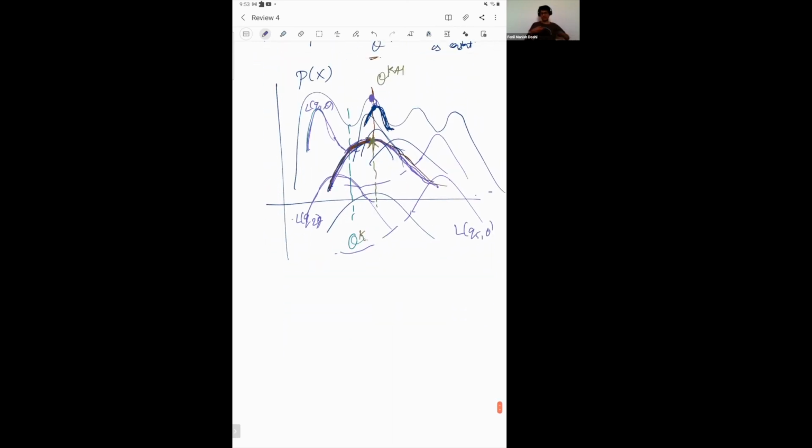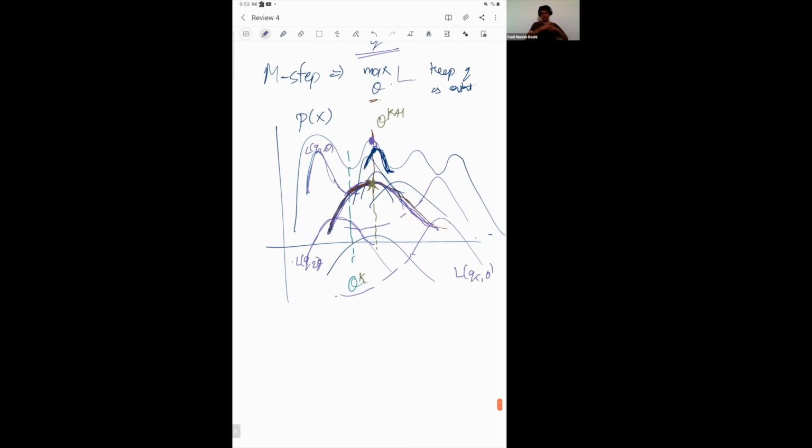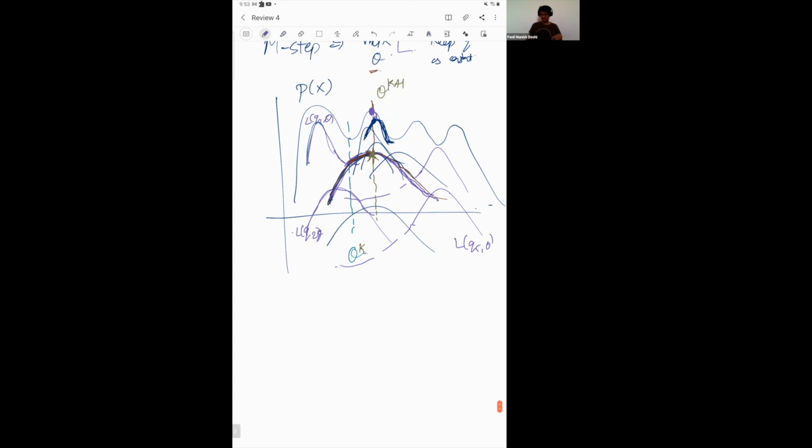This was all with theta as just a 1D variable, which would never be the case, but just for visualization purposes. Were you able to understand the diagram, how in each E and M step we are changing theta and Q? Any questions?